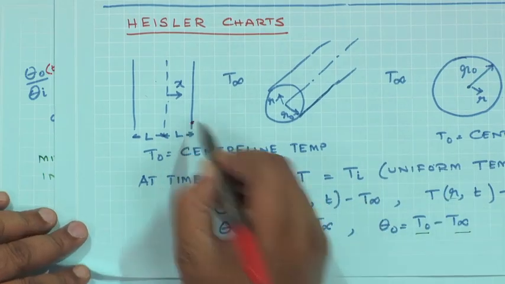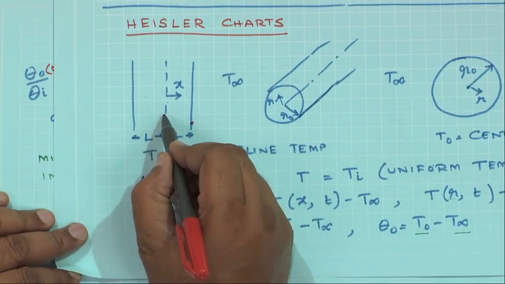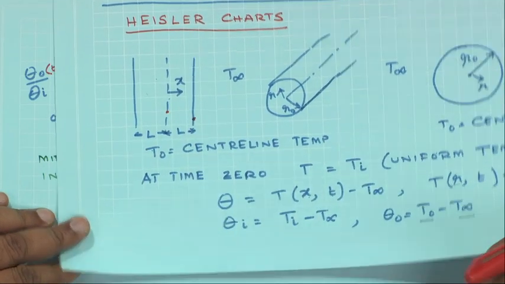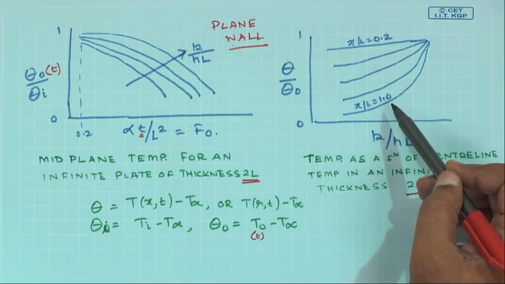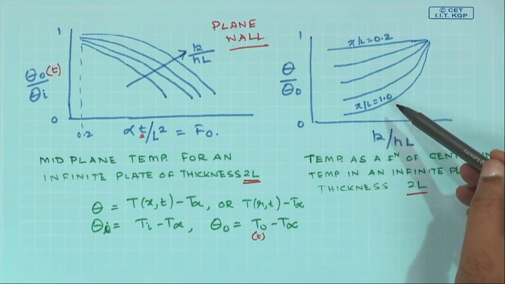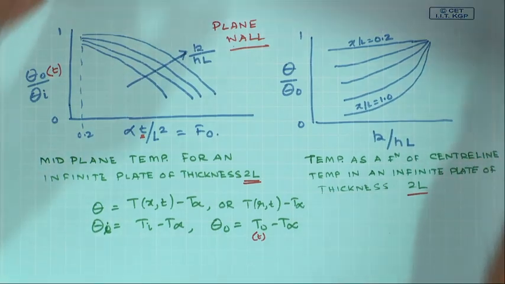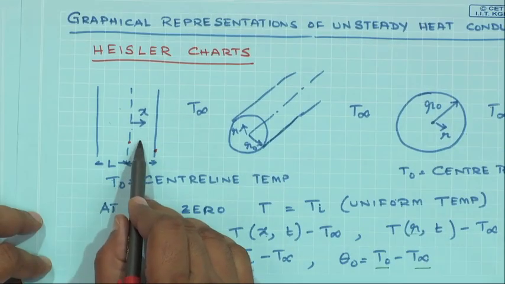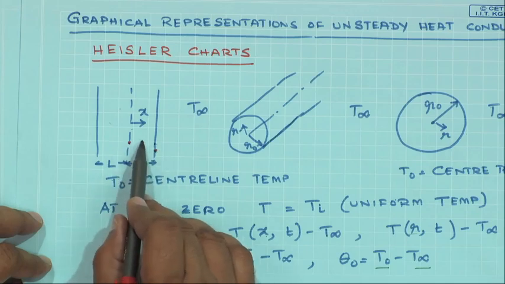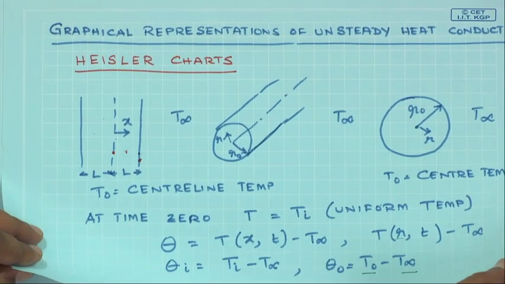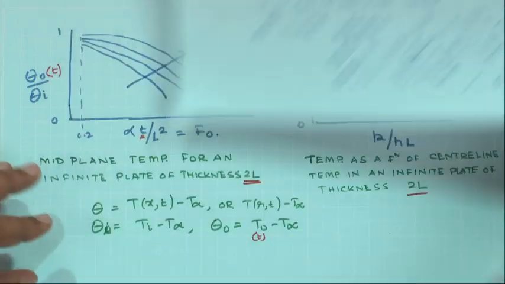X by L equal to 1 refers to the surface, whereas x by L equal to 0 refers to the center line. Thus, if you want to find the temperature at, let us say, a point exactly midpoint between these two planes right over here, that means x by L equal to 0.5.